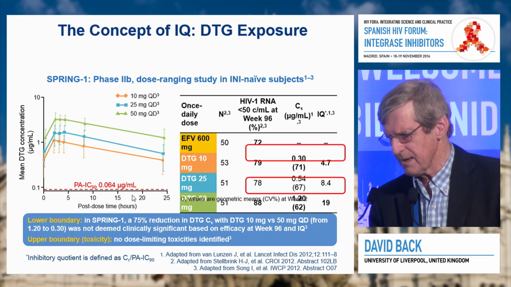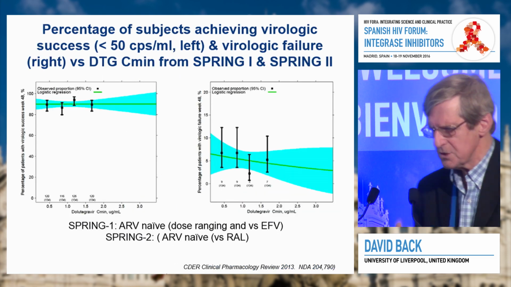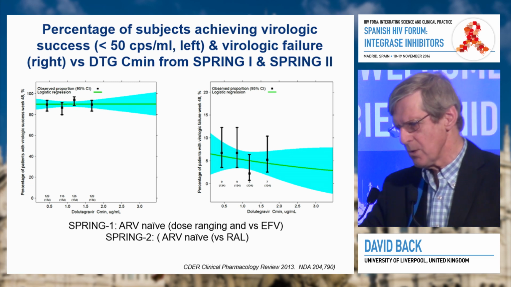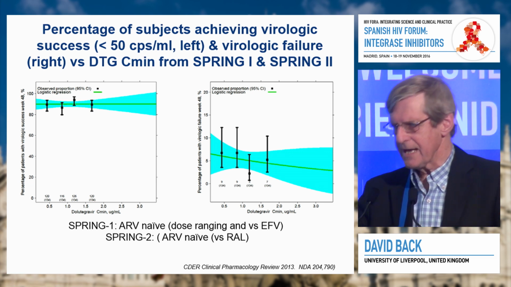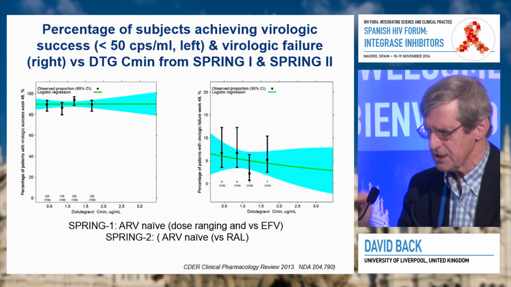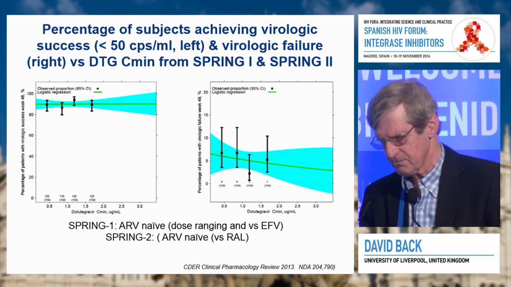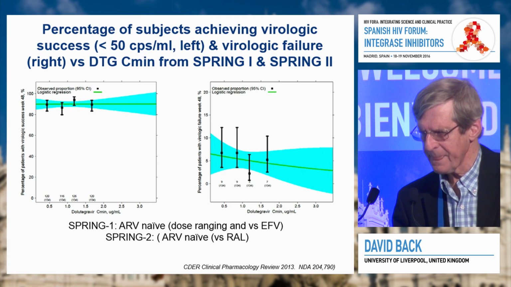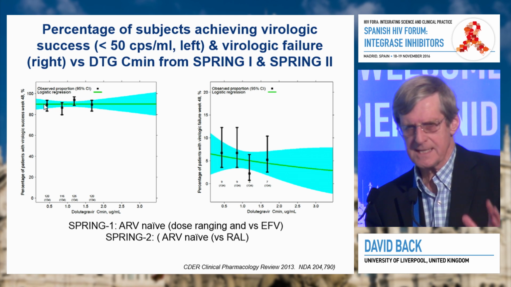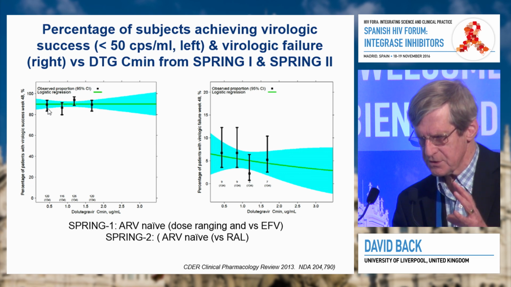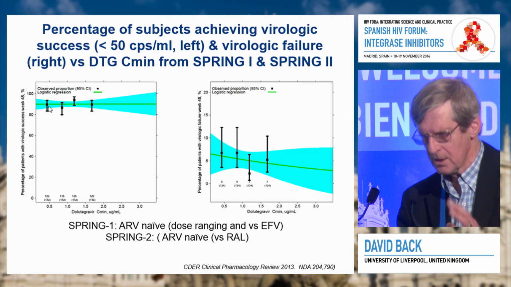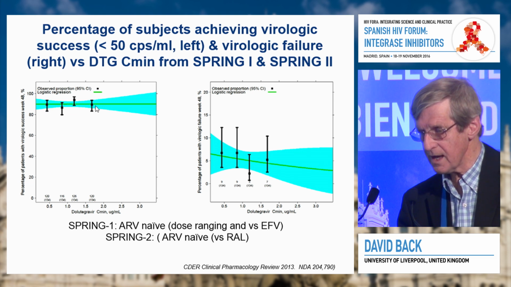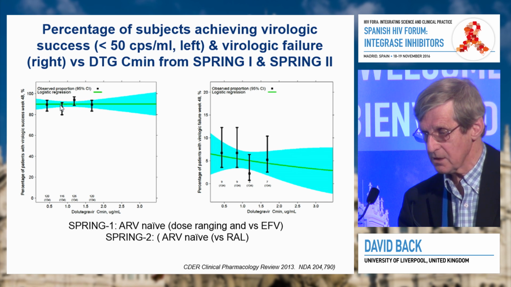Now, my question around that is how do we relate that to clinical reality? Let's go to Spring 1 and Spring 2 and look at the percentage of subjects achieving virologic success. Remember, these patients are taking 50 milligrams of dolutegravir. And looking at the quartiles of plasma concentration, it didn't matter whether your quartile was the lowest quartile or the highest quartile or an intermediate quartile.